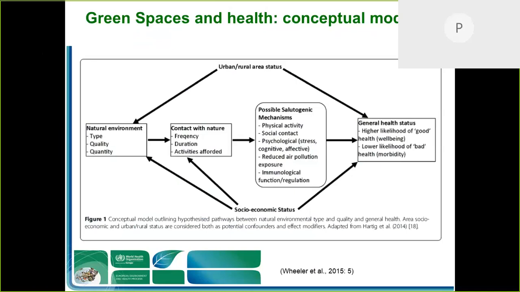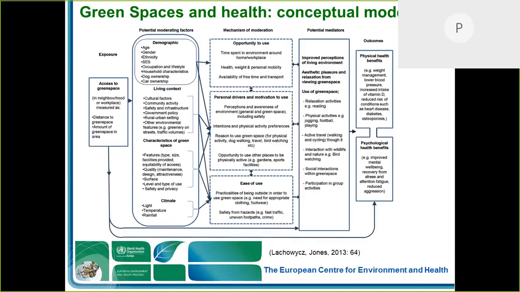Matthias has already shown you a slide, I think it's the 6th slide, where there is a kind of framework that puts together the natural environment, green space, and then health, the different pathways, the different impacts that we can expect from green space. The conceptual models are quite abundant, and there are several available in different scientific literature. There are several scholars working on this, and we have been in contact with most of them.